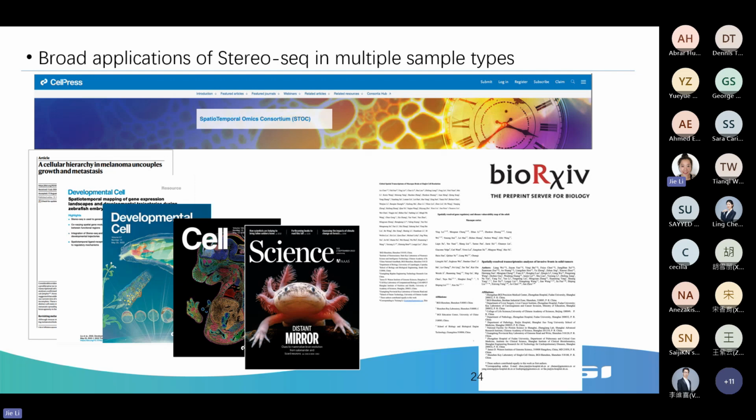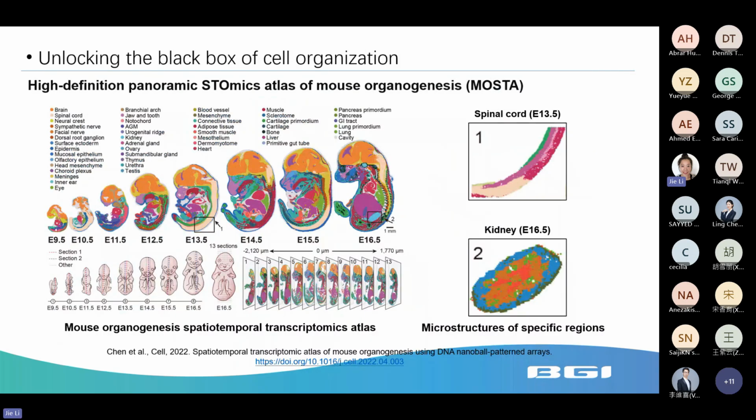The first well-known paper was published in 2022 in Cell, and the name of the paper was Spatiotemporal transcriptomic atlas of mouse organogenesis using DNA nanoball patterned arrays.